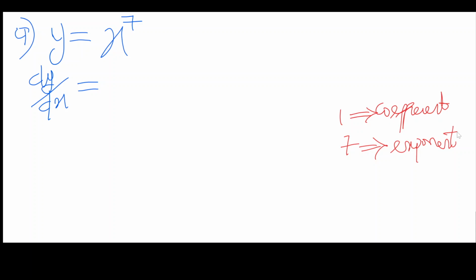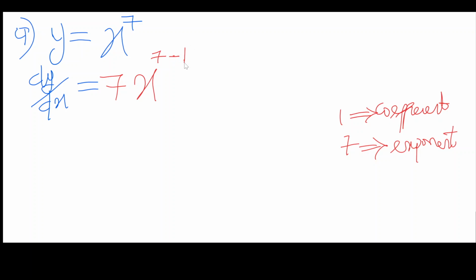All we need to do is multiply the exponent with the coefficient. The exponent is 7, so 7 multiplied by 1 is still 7. Then we have x, and this time we reduce the exponent by 1, which is 7 minus 1.